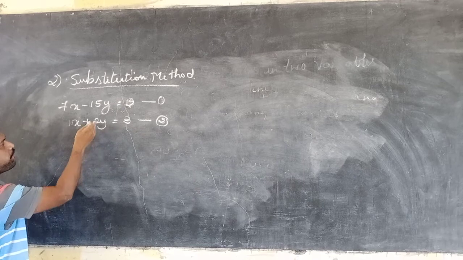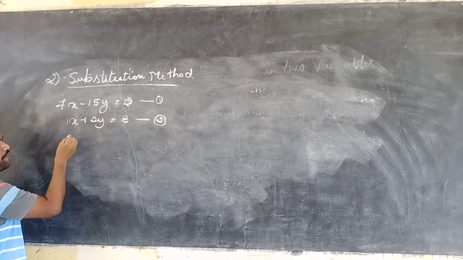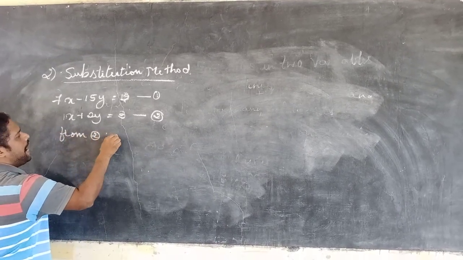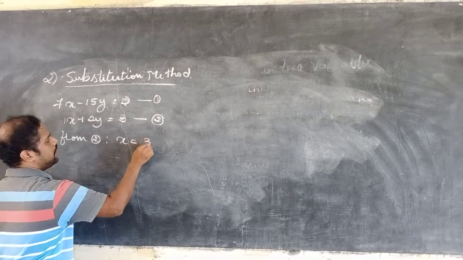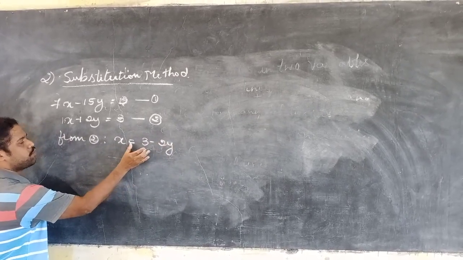Therefore, first from equation 2 we express x in terms of y. So from equation 2, x is equal to 3 minus 2y.